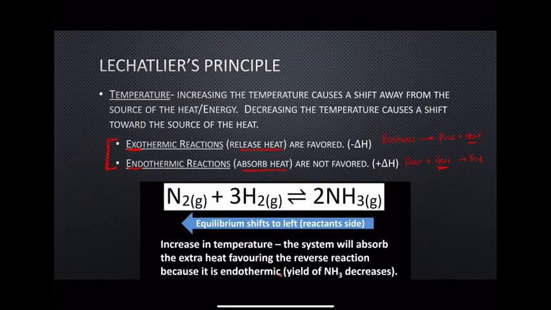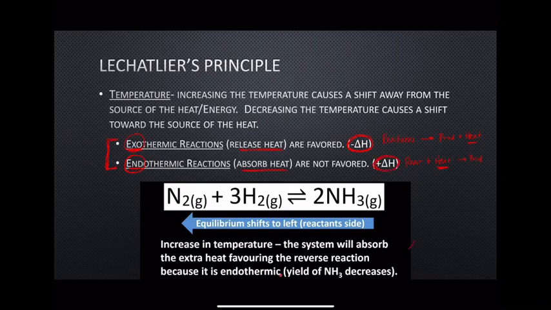Remember that. Now, exothermic reactions have a negative delta H. Now, you don't really have to know what delta H is. Delta H is the change in enthalpy, but you don't have to know that right now. But you just have to know that exothermic reactions have a negative delta H, okay? Endothermic reactions have a positive delta H, okay?